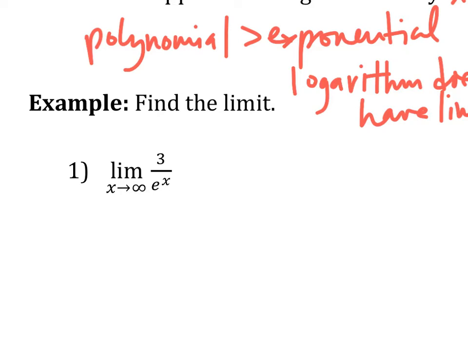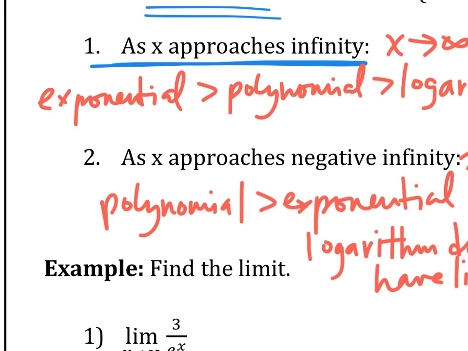Okay, this one is asking for infinity, so we're going to check. In the numerator, that is a polynomial function. I know it's a constant, but a constant is kind of like a polynomial function. In the denominator, we have an exponential function. We are looking for x going to infinity, which is the first case.